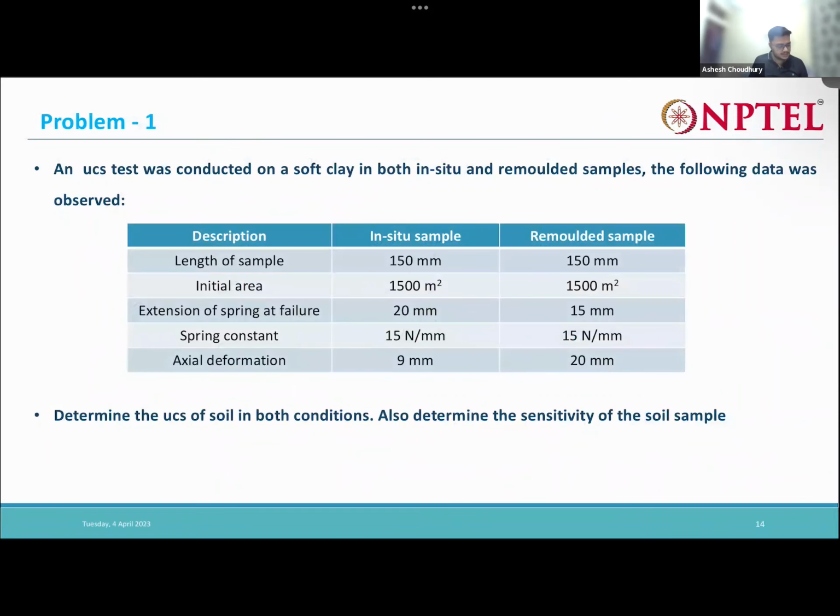Okay. Now let us start solving the problems one by one. This shear strength is actually very conceptual, right? For any geotechnical engineer, the basics of soil, the shear strength, should be very strong because shear strength forms the main structure of soil mechanics. Everything depends on the shear strength.